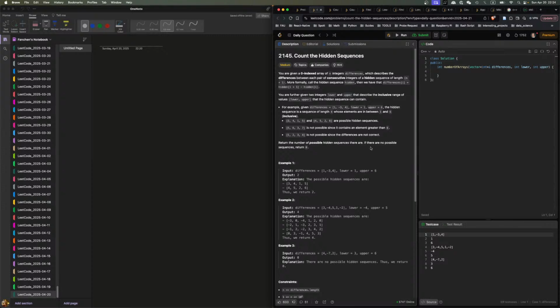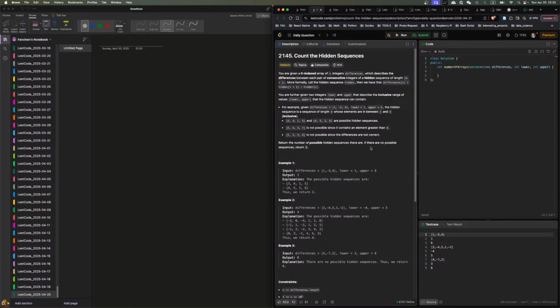Count the hidden sequence. Zero-indexed array of n integers, differences, which describe the difference between each pair of consecutive integers of a hidden sequence of length n plus 1.